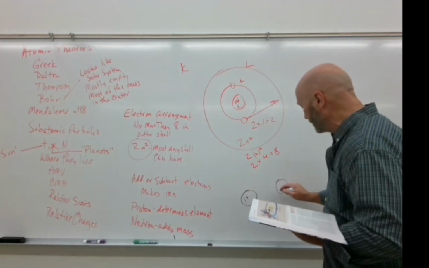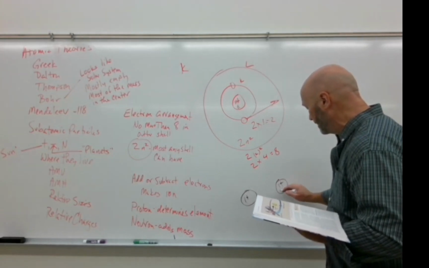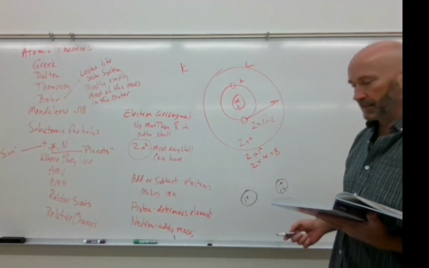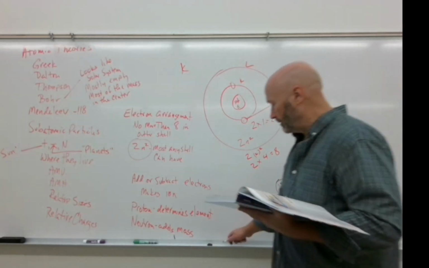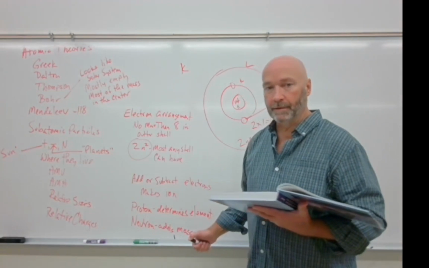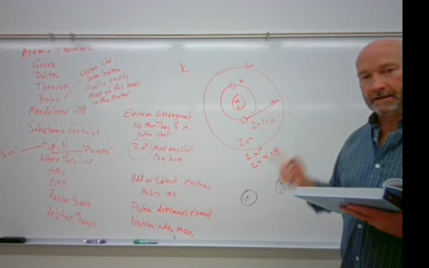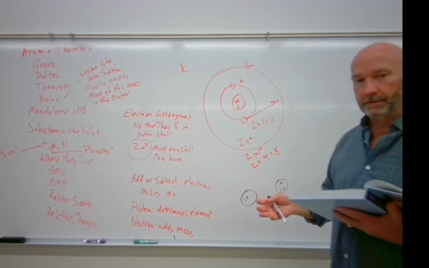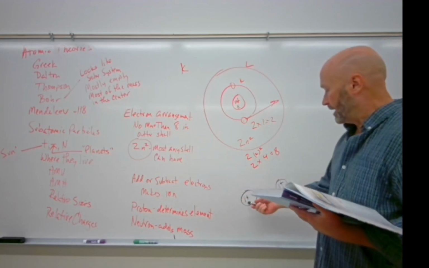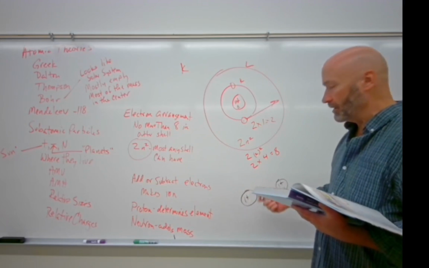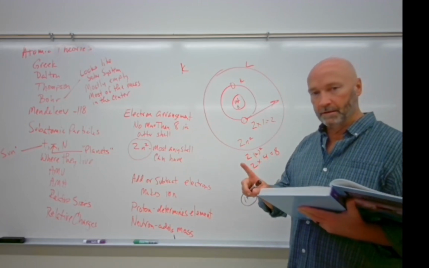Over here, I've got another one that's got 1 proton and 1 neutron. What determines what the atom is? That would be the number of protons. What atom has only 1 proton? That would be your hydrogen atom. So we've got a hydrogen atom with 1 proton, and our atomic mass here is 1, right?